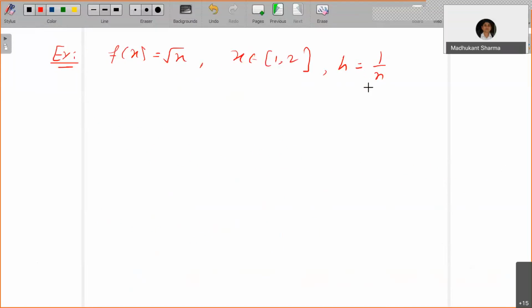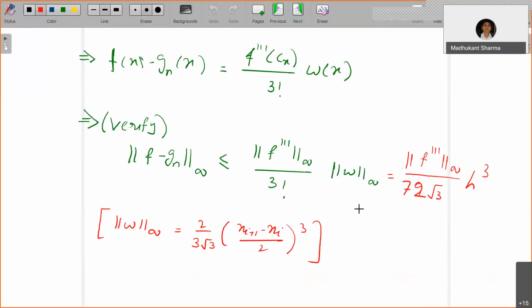We wish to decide what step size we need so that the error remains less than 10 to the power minus 6, and we wish to go for the quadratic interpolating polynomial. So for the quadratic case, you need to determine the infinity norm of the third derivative.